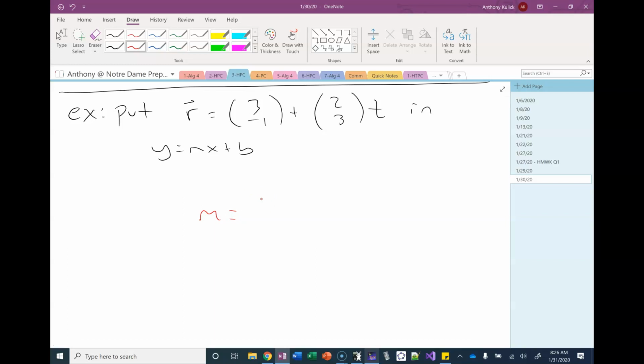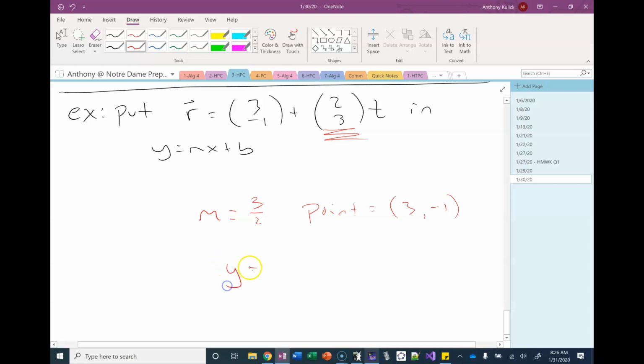What's the slope in this case? That is incorrect. You're looking at the wrong vector there. It should be 3 over 2. The slope vector is the one attached to the t. Okay. And then what's a point from this line? 3, -1. Remember, x is on top, y is on bottom.